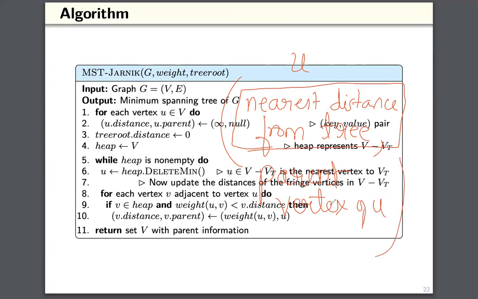That means the vertex inside the tree from which u has the nearest distance, or the nearest vertex of u inside the tree. So that will be stored here in the parent vertex.